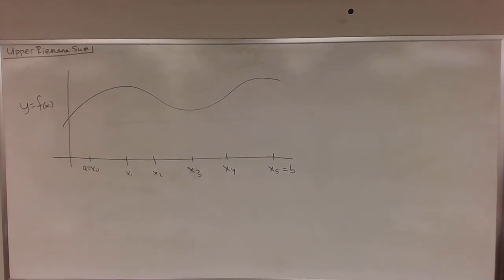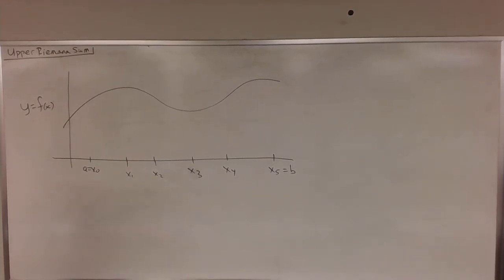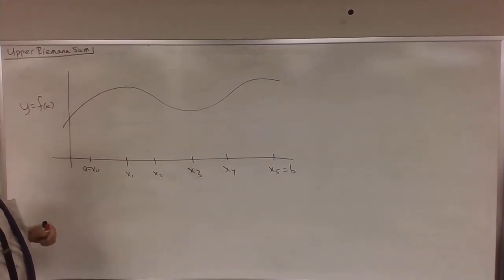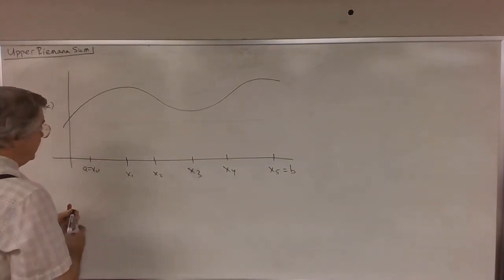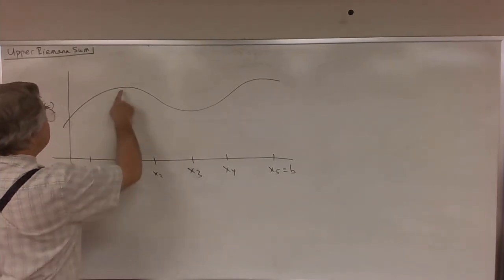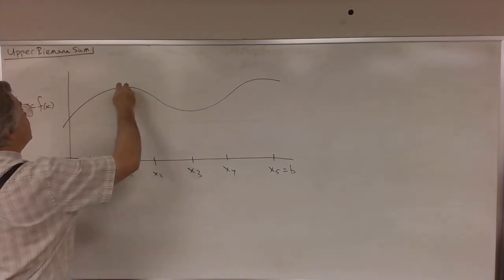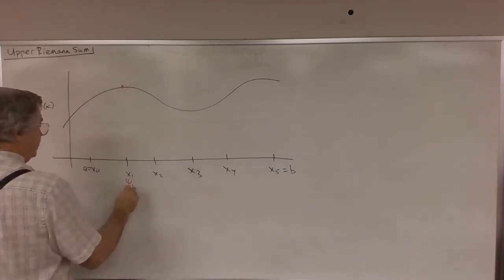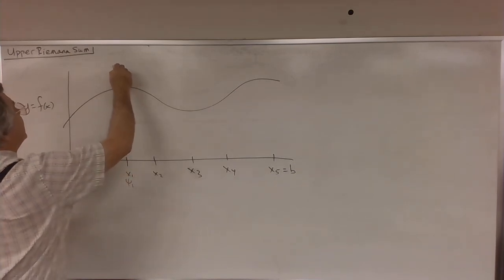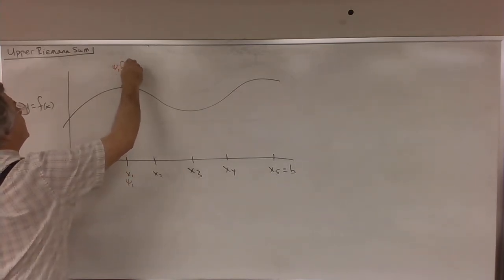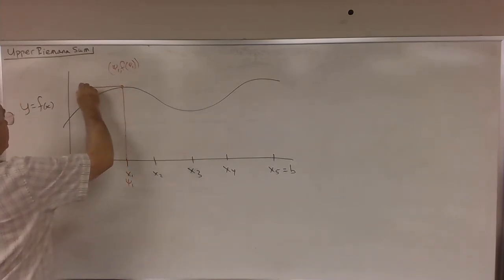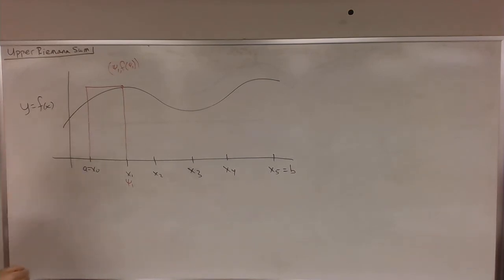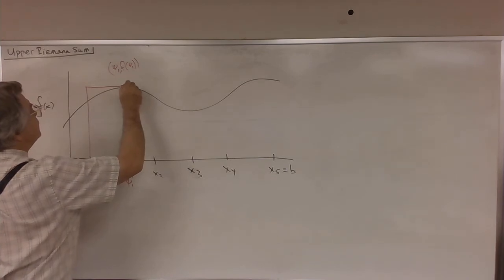But now, in each subinterval, I want to pick as my x value psi the point at which f of x assumes its largest value. And I think that happens right here in the first subinterval. So here's my psi sub 1, and f of psi sub 1. In the second subinterval, I'll say this is psi sub 2.